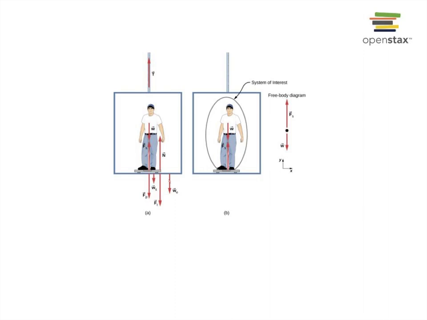What we want to keep in mind is that the force of the scale will be his apparent weight. If he were standing on a scale in an accelerating elevator, the scale would read how much he appears to weigh.